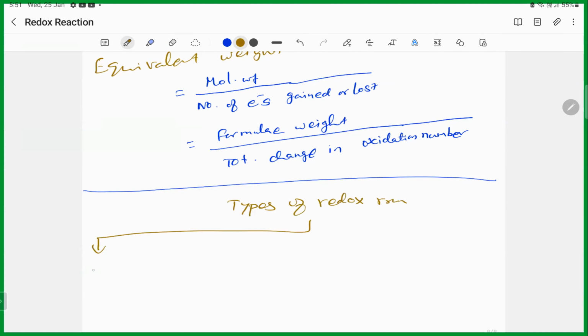Number one, combination reaction. Number two, decomposition reaction.